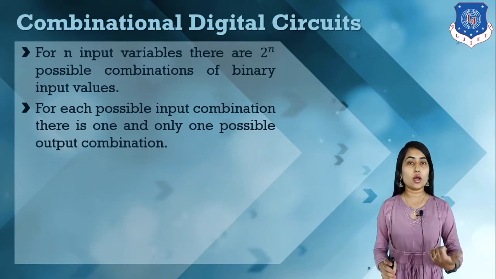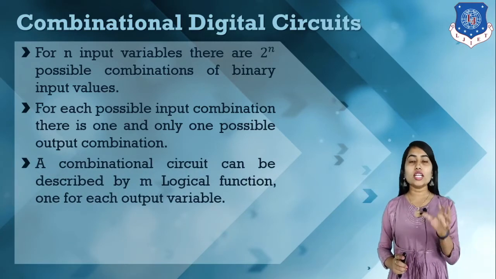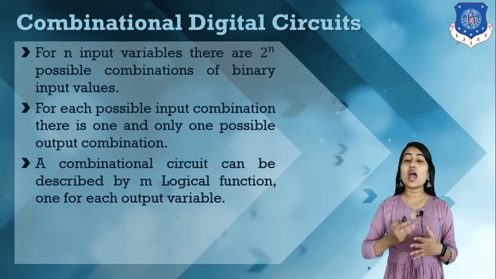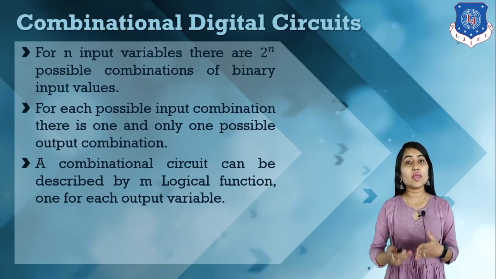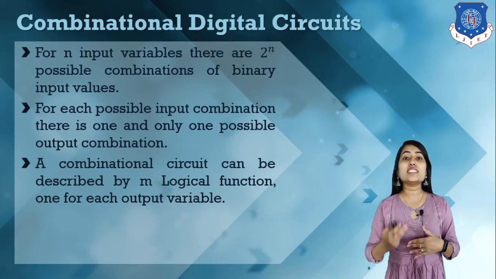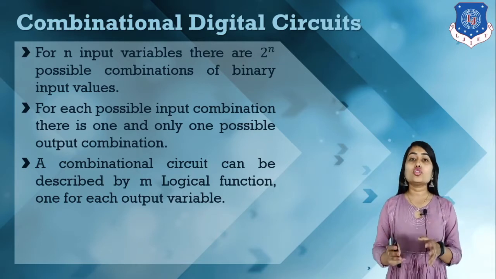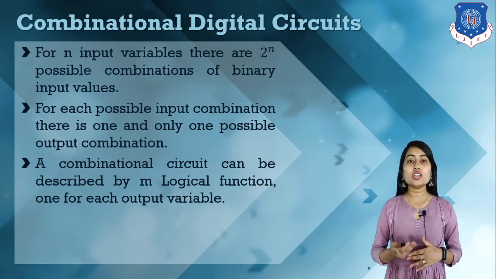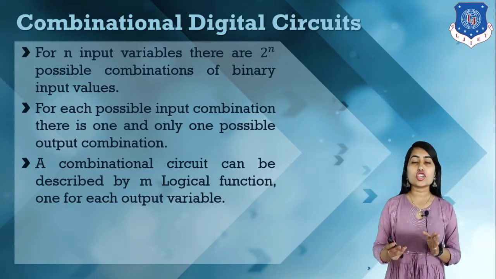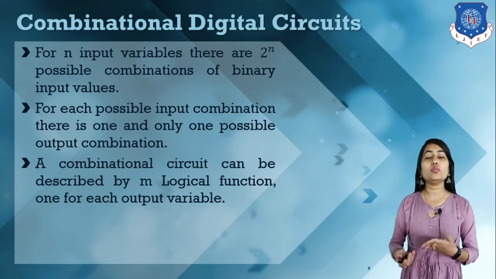Using these total 2^n input conditions we can make output equations, or logical functions, which represent the logical behavior of that combinational digital circuit. So for a given combinational logical circuit we can write a logical function in the form of input variables.